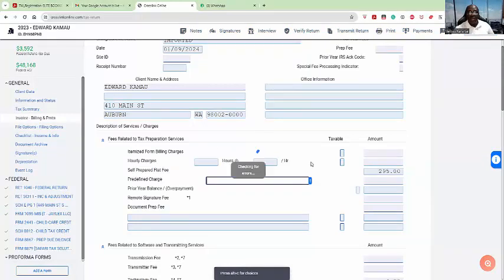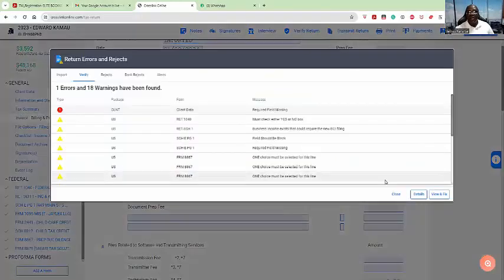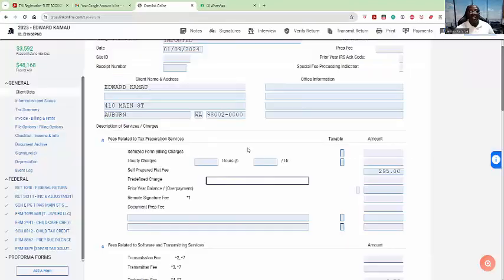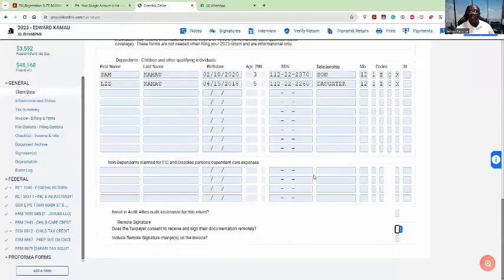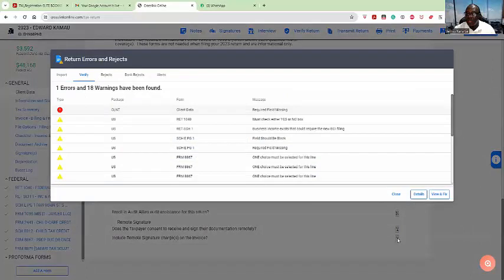We can put it there direct. 295. So plus the $17 and the $5 for remote. $17 is for technology fee. So client data also needs action. Here, we forgot to put this. Here now, this is yes and yes.